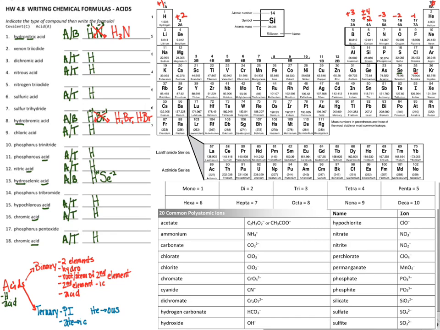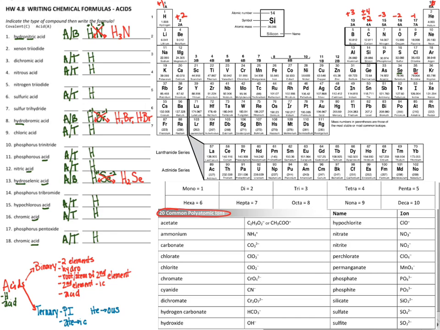I'm going to crisscross. This 2 is going to go in front of the hydrogen. This 1 in front of the selenium, so my formula should be H2Se. I do not need to write that 1 after the Se, because again, there's only 1, so it's assumed that there's 1.